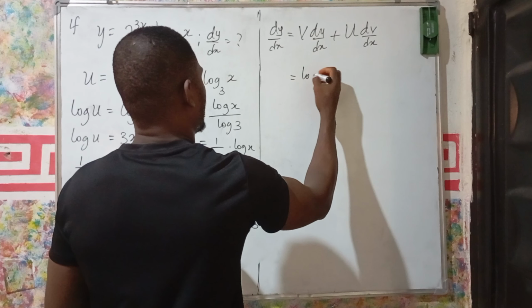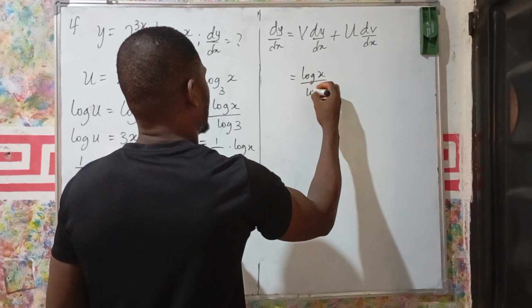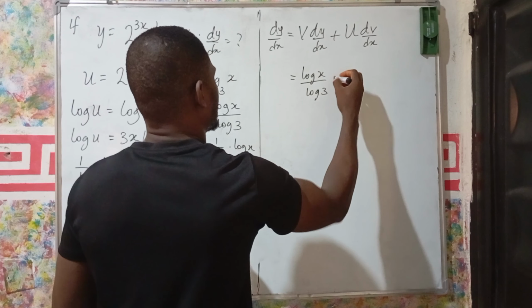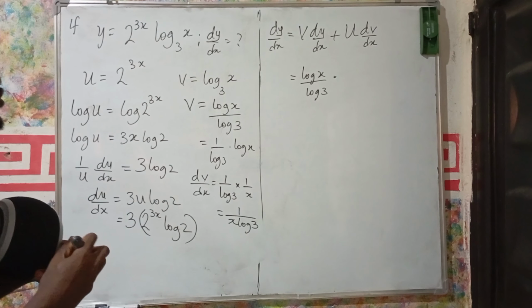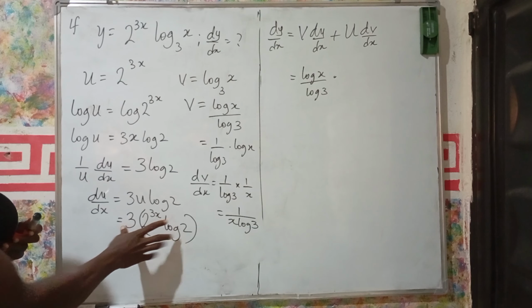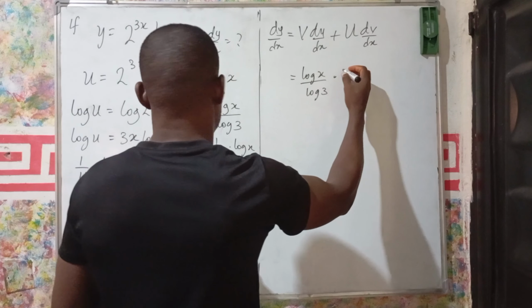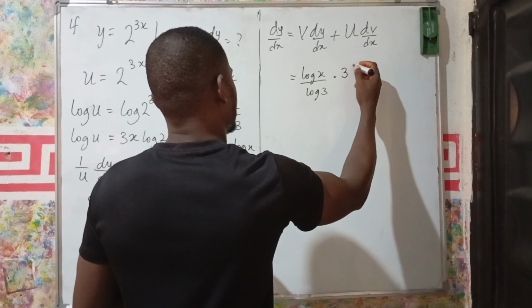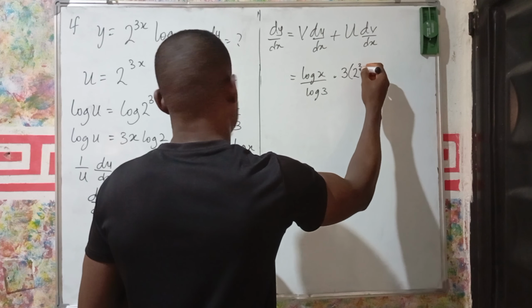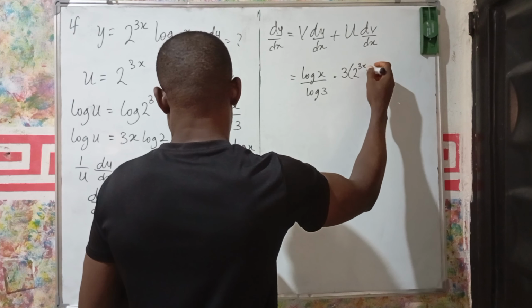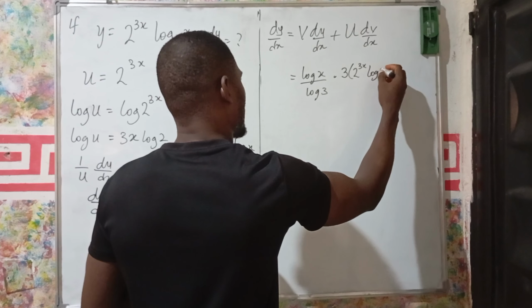Using that, we're going to have log x over log 3 multiplied to du/dx. Our du/dx is 3 multiplied to 2 raised to the power of 3x log 2.